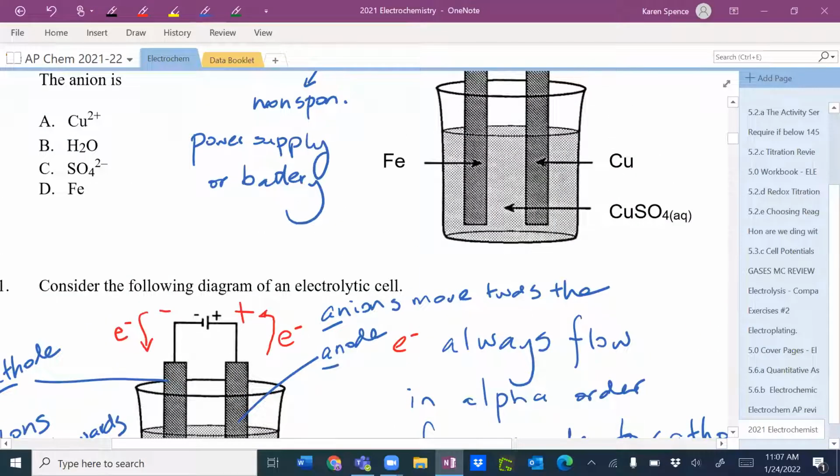So you will either be given a negative positive, and probably they will label it for you, but I assume at this point most of you know that the big one is positive and the little one's negative. Or the other thing you could be given is a little box that looks like this and it says DC, and then you would have a positive end and a negative end.